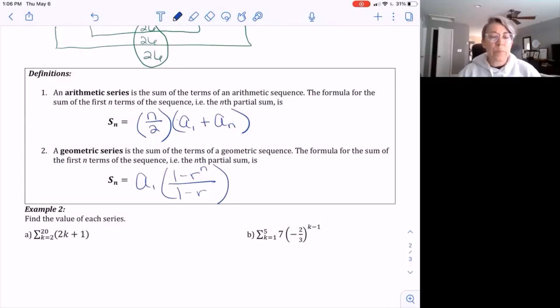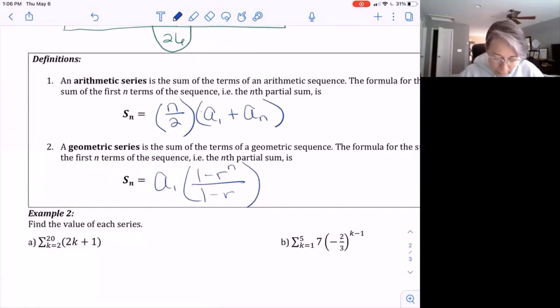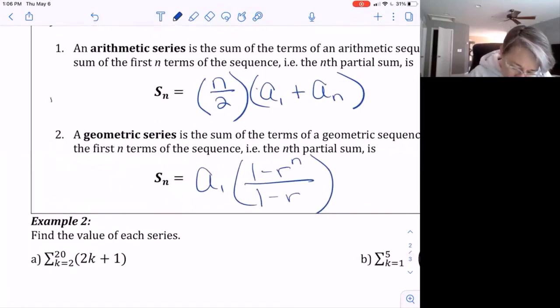Now, before we do the examples, one thing that I want to note with these sequences is that these formulas work when we start with 1 and we go out to n for a sub k. So if the summation is not starting with the first term, then we may have to do a little bit of manipulation, but that's okay.